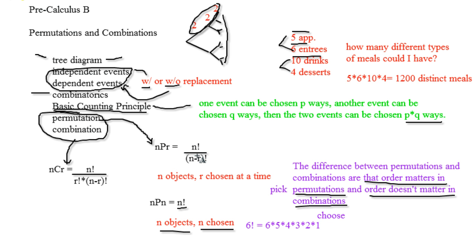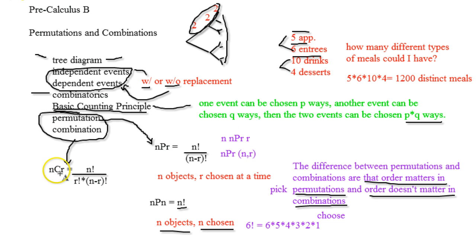On a graphing calculator, you put your n, find the button in math under probability, nPr, then put your r and press equals. On Desmos, you put nPr, then parentheses, your n, comma, then your r. And that's how you find those calculations.